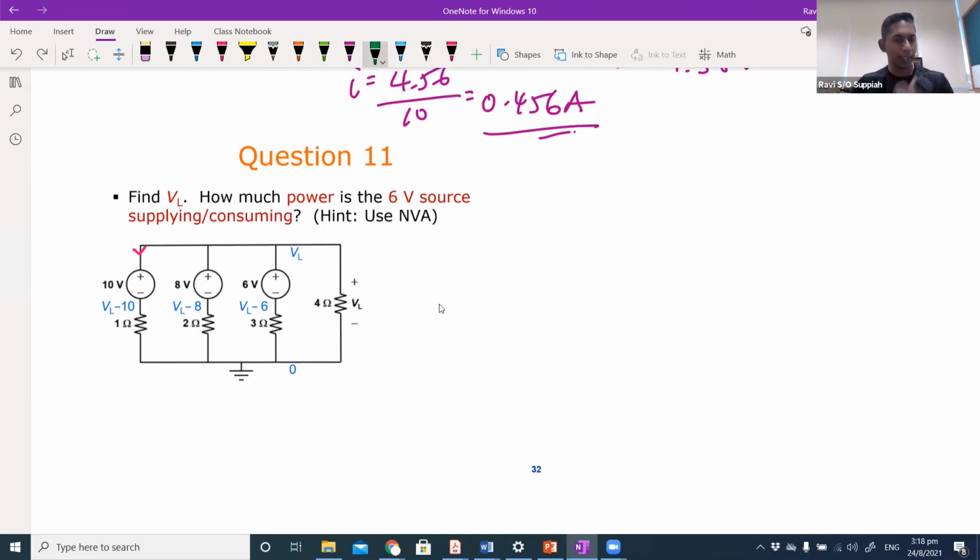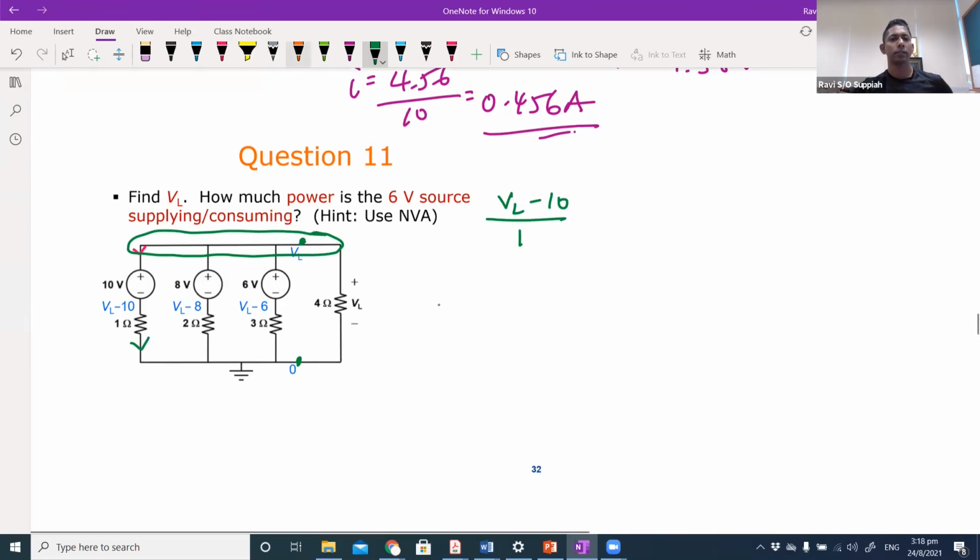You can say that this is your node, VL, this whole section here, and you can either take it that all the current flows out or flows in from this node. So you can say VL minus 10 over 1, which is this branch over here, and this branch will be plus VL minus 8 over 2.